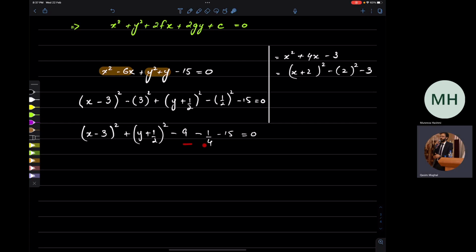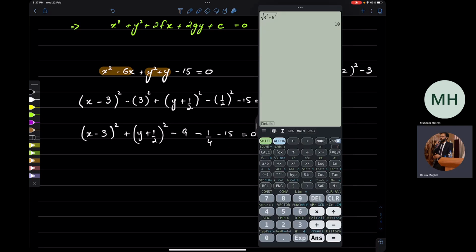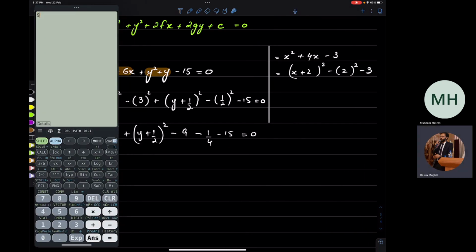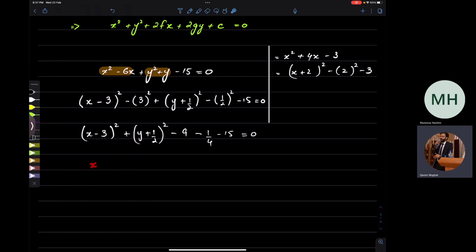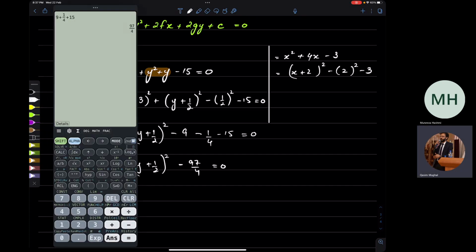Now I'm going to work out these three: 9 plus 1 over 4 plus 15, if you want to leave it in fraction, is 97 over 4. So it's x minus 3 whole squared plus y plus 1 over 2 whole squared minus 97 over 4 equals 0.